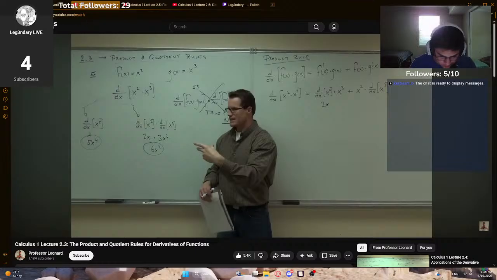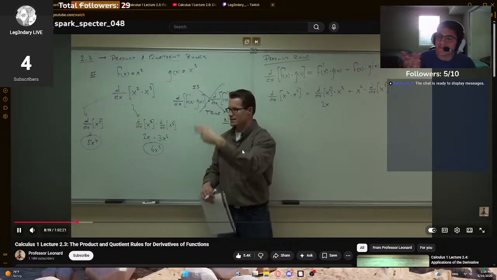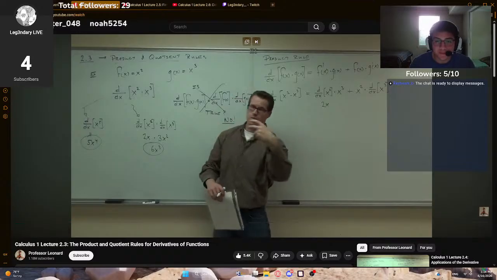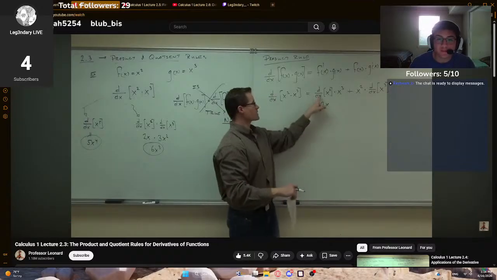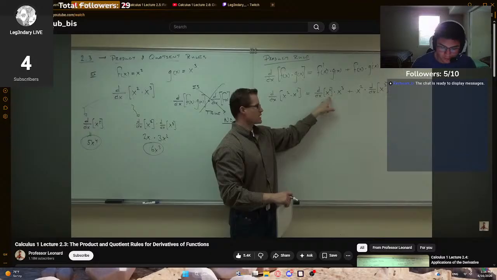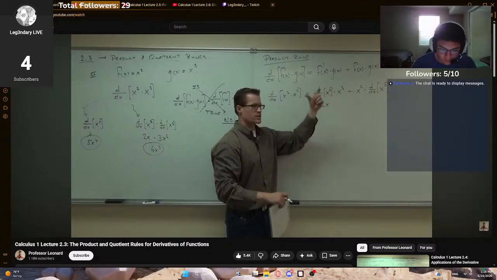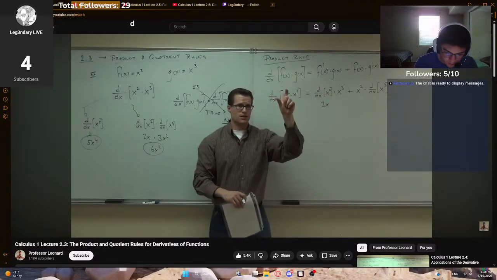So take the derivative of the first one, plus regular times the derivative of the second. The dx says this is what you're taking the derivative of. That's why we're going to write it like that in this class. It says take the derivative of this one, but don't take the derivative of this one. You're only taking the derivative of whatever's inside your brackets there. Do you see it? That's why we use that.